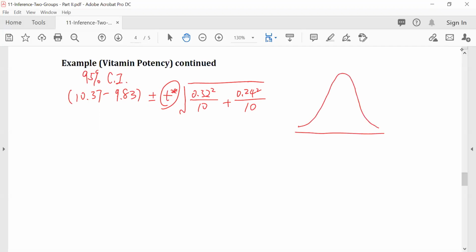Draw this graph here. T distribution with degrees of freedom equals n1 plus n2 minus 2, the same degrees of freedom that we have seen in the hypothesis test, so 18. Now we are trying to find a 95% confidence interval.